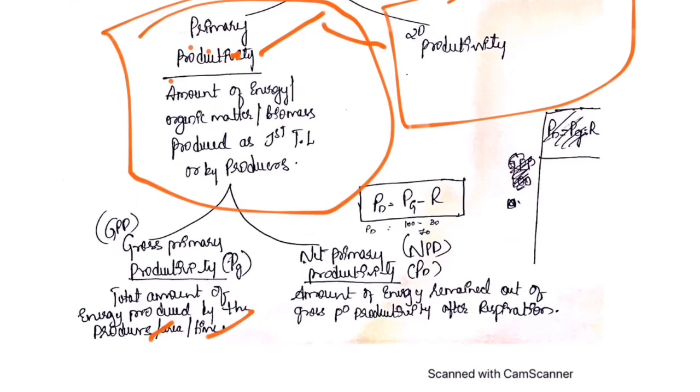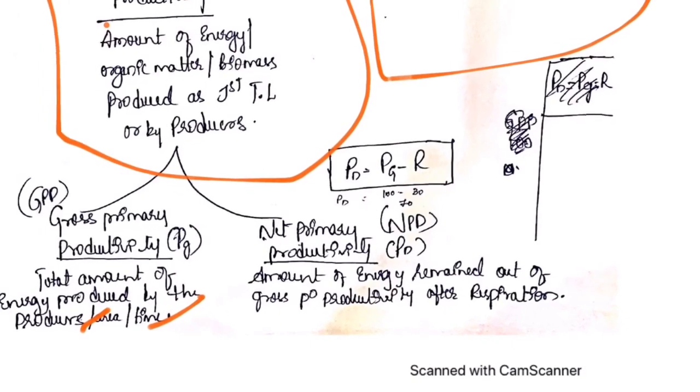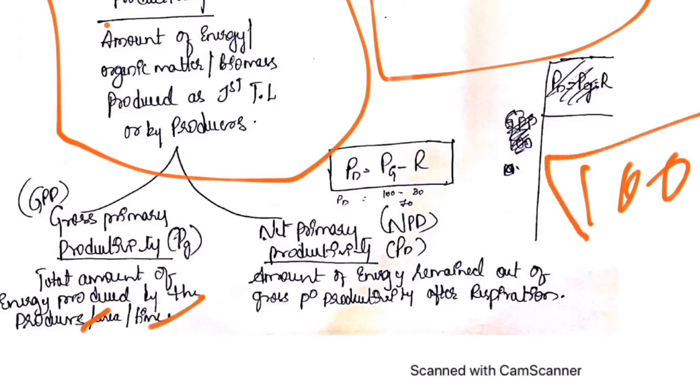Plants synthesize energy using sunlight. Here, the total amount of energy synthesized is, say, 100 kilocalories. It's just an example I am quoting.